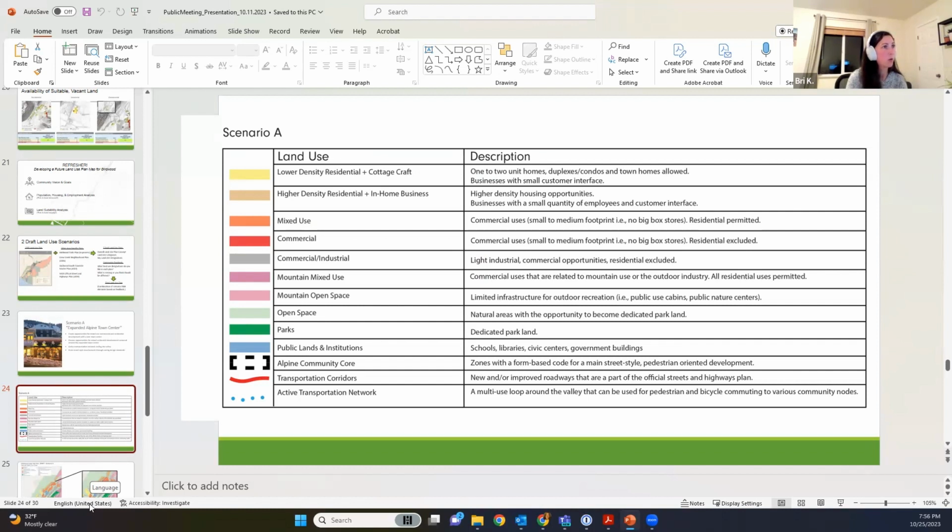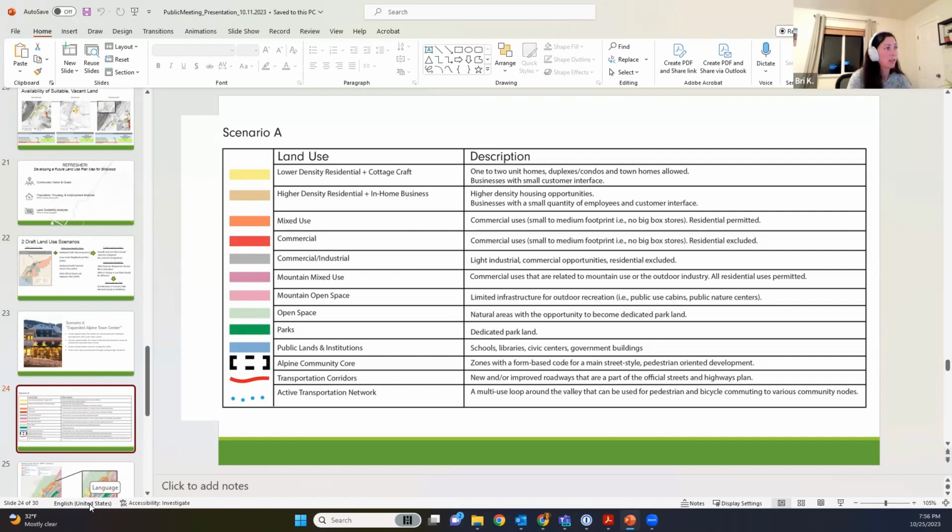One of the goals that we thought was important to carry forward in the land use plan map was opportunities for intermixing residential and commercial. That's why both of those have some level of commercial opportunity. It might be very small, but both do.